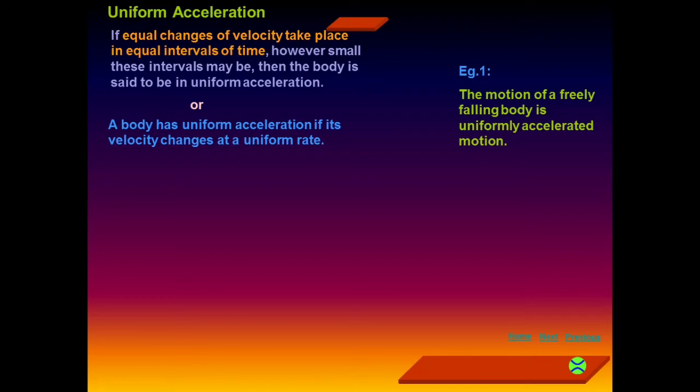This motion of falling towards the earth from a small height is called free fall. The acceleration with which a body falls is called acceleration due to gravity, which is denoted by the letter g, right?